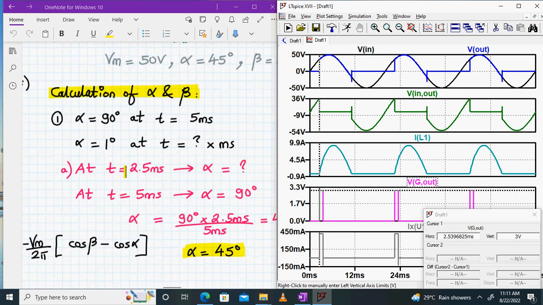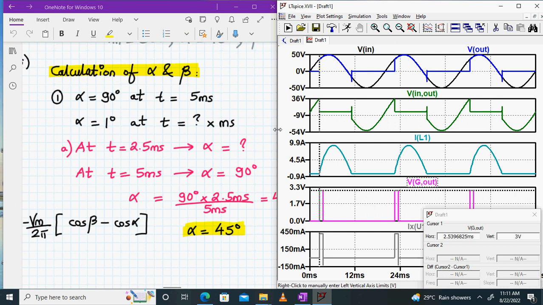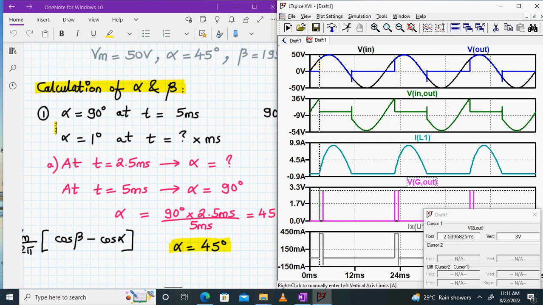So if I want to calculate this formally, I'll do the calculation of alpha, and we will call it beta also later on. I'll explain what is beta, right? So alpha is the firing angle or a delay angle for the SCR, so that it turns on. So alpha is 90 degrees at t equal to 5 millisecond.